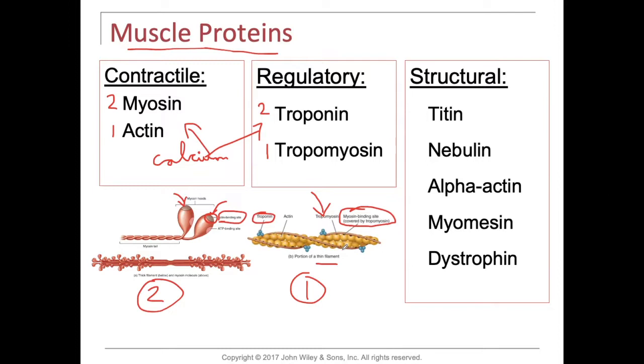The troponin is holding the tropomyosin in its place, and its place is covering the binding site. Because if the binding site was not covered on actin, then the myosin would have a place to attach. Keep that in mind.